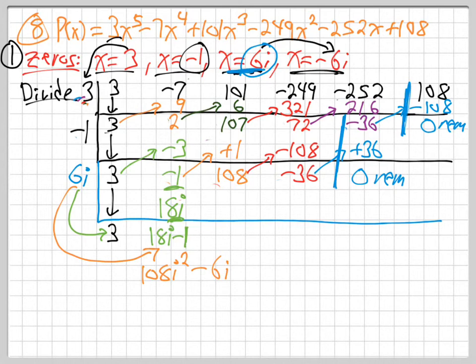Do you see what happened there? The 6i multiplied the 18i. 6 times 18 is 108, and i times i is i squared, and then the 6i hit the minus 1 to be minus 6i. It distributed. The 6i distributed to both the 18i and the minus 1. Now, what do you do with i squared? Remember that i squared is negative 1.